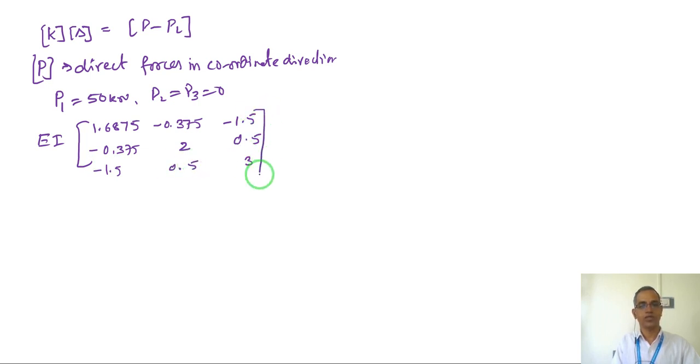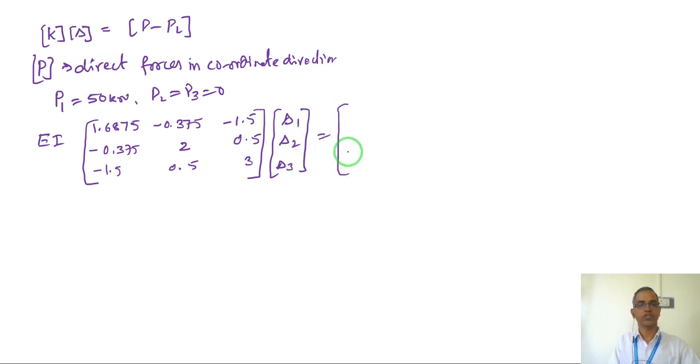So this is the stiffness matrix for the frame, multiplied by delta 1, delta 2, delta 3, which is equal to the direct forces. This force is P minus PL.